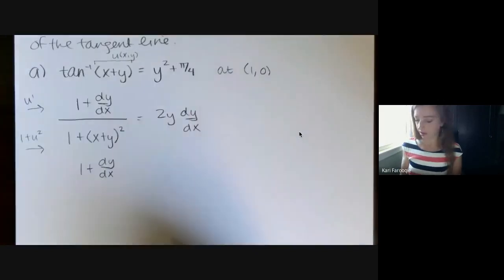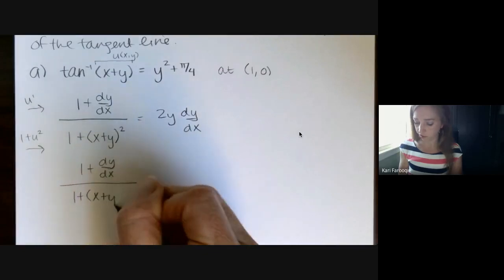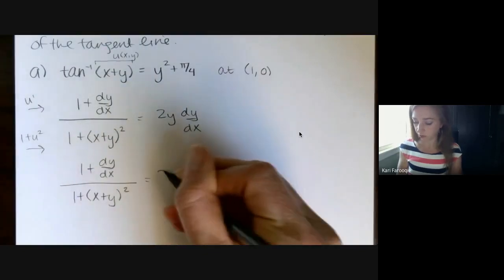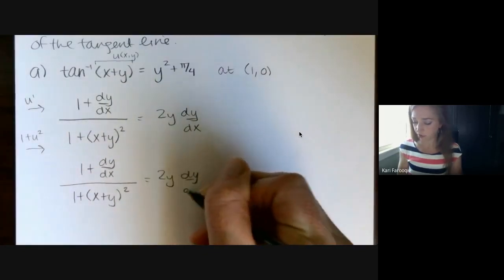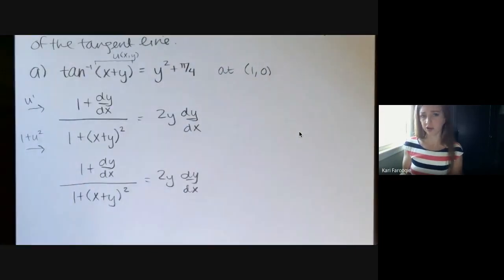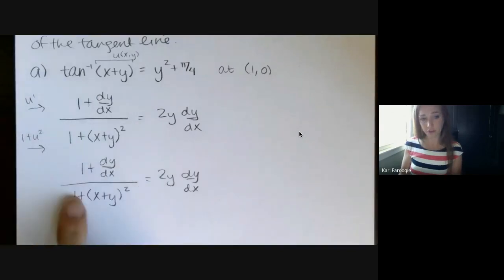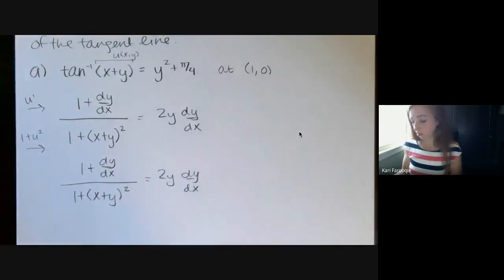Anytime I rewrite mine, I suggest you rewrite yours just because I don't want you to look at your notes later and wonder where things came from. That's why I rewrite stuff, because otherwise, if I mess with this, it looks like I originally had things there that weren't there. To solve this equation, I need to get rid of this fraction. Anytime you're solving an equation that has a fraction in it, we want to split that up and undo the fraction.